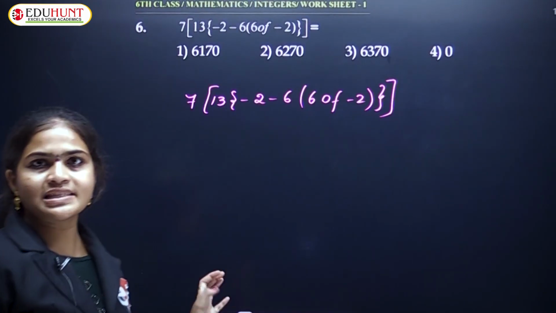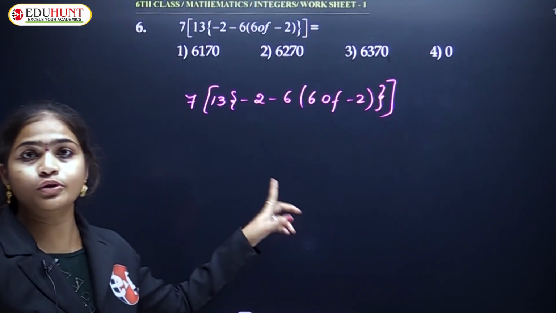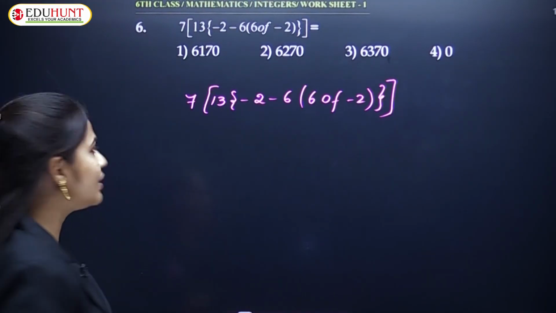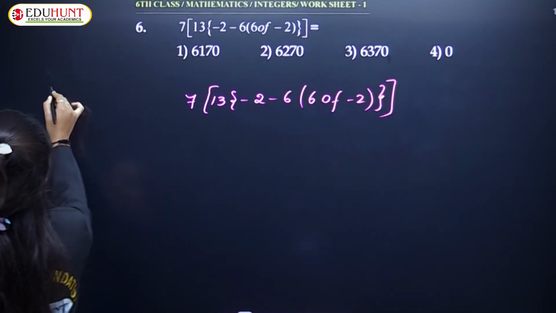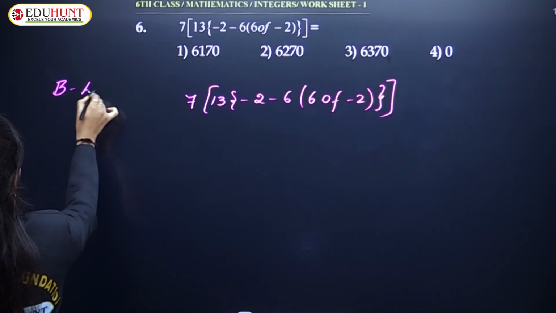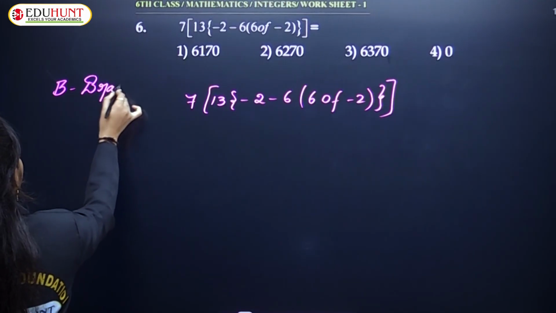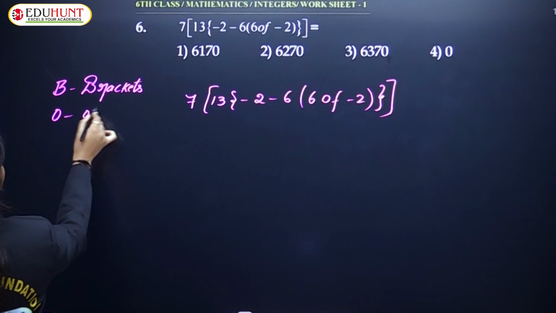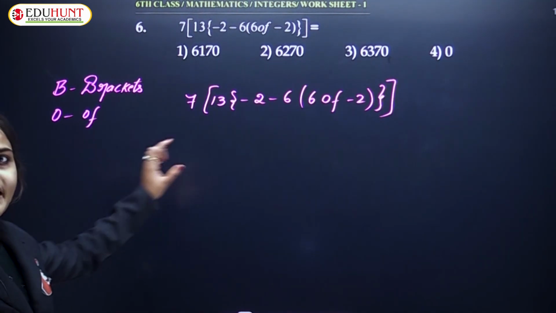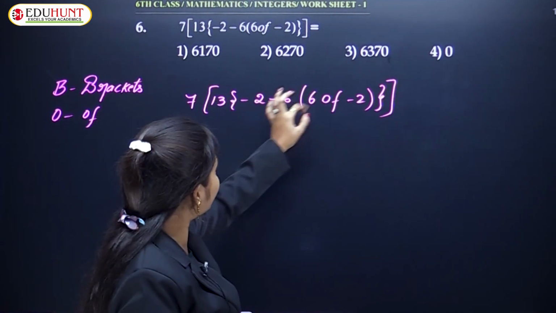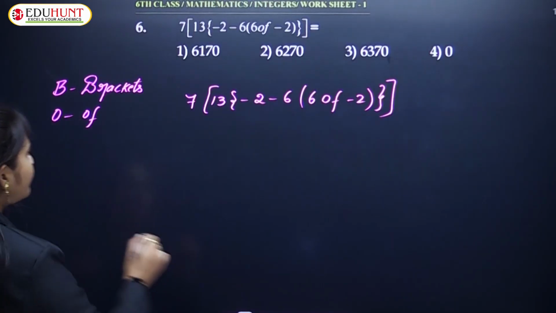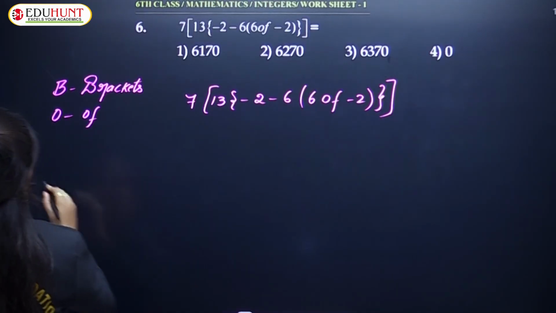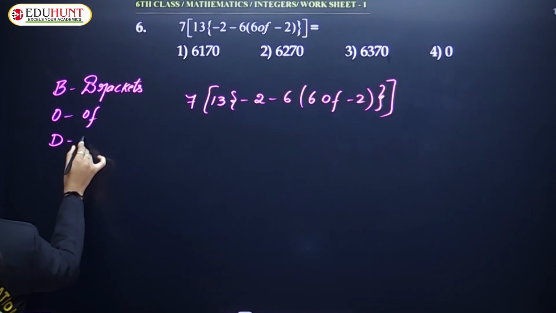Children, when you observe this question, it is related to the BODMAS rule. What about the BODMAS rule? See that. B for brackets. O for off. Off is also multiplication, in the same way as brackets. And D for division.